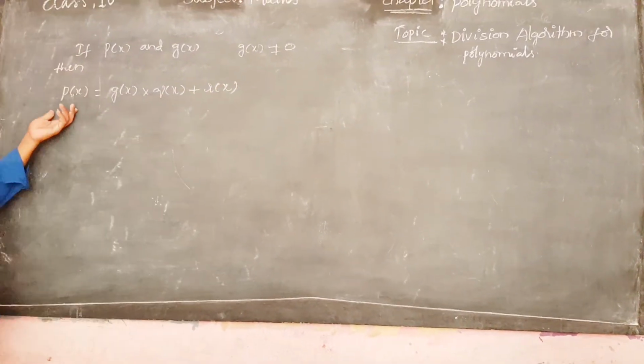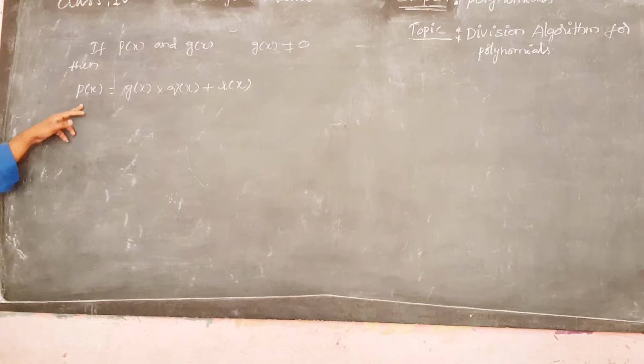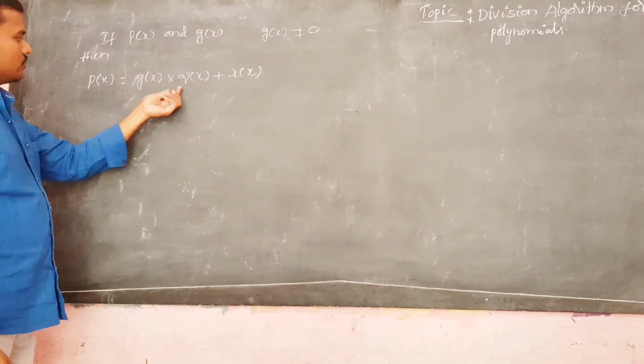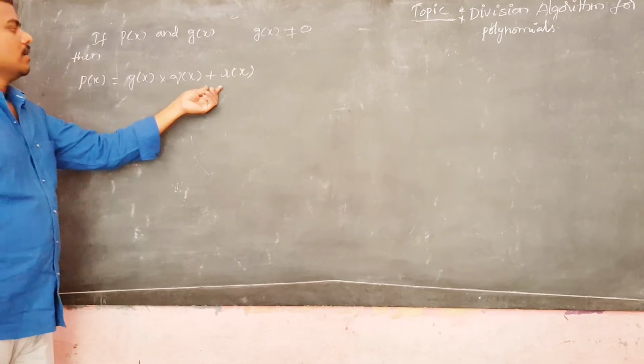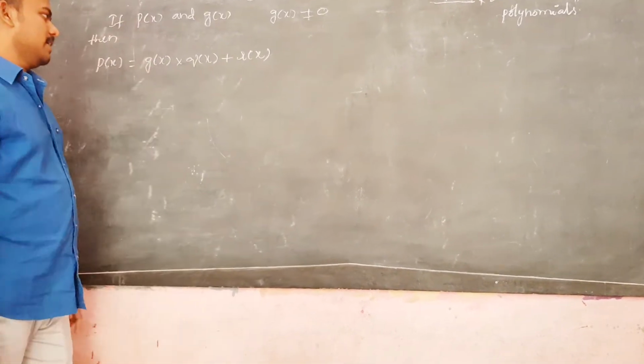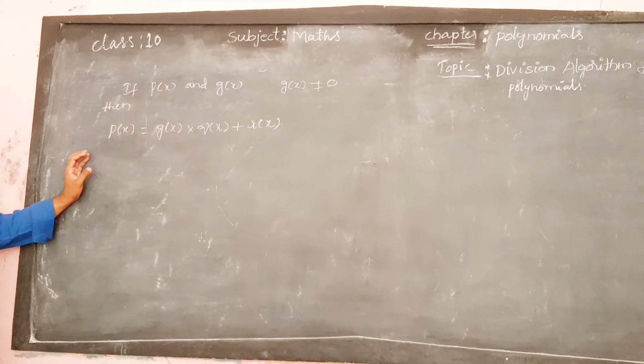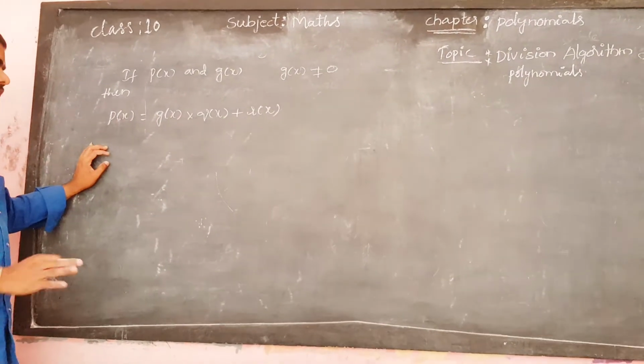Here p of x is the dividend, g of x is the divisor, q of x is the quotient and r of x is the remainder. This result is known as the division algorithm for polynomials.